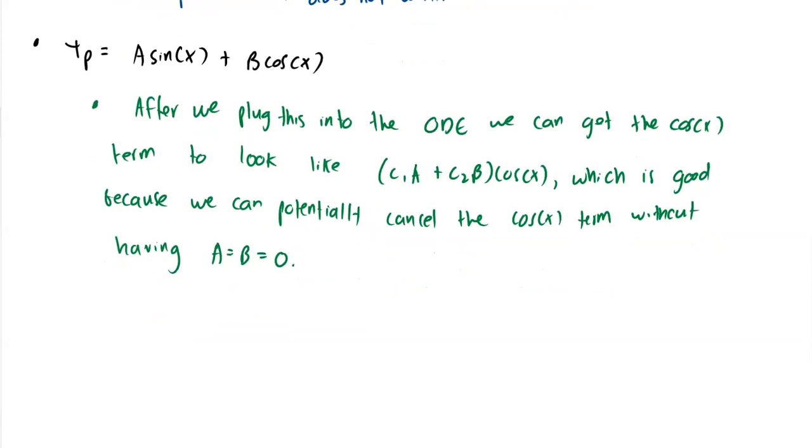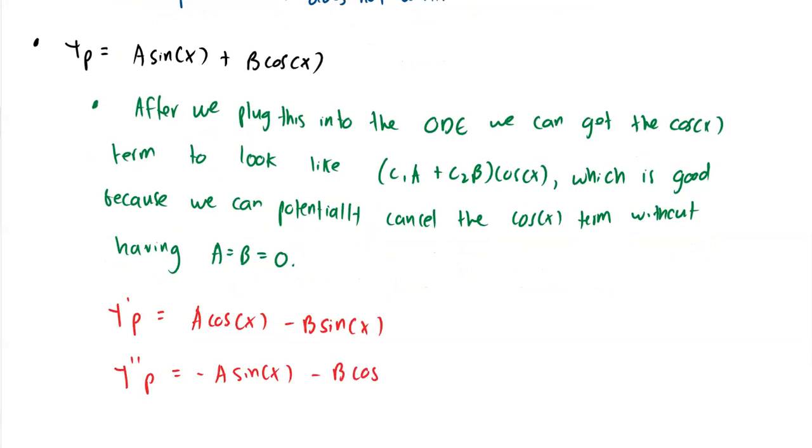So we need two things, right? Well, we need to know what the first derivative and second derivative are. So let's find them. So first derivative is going to be A times cosine x minus B sine x. Then the second derivative is going to be minus A sine x minus B cosine x.